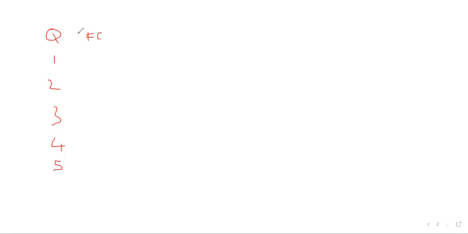Total fixed cost, total variable cost, total cost, all right? Average fixed cost, average variable cost, average cost, and the marginal cost. This is under cost theory.